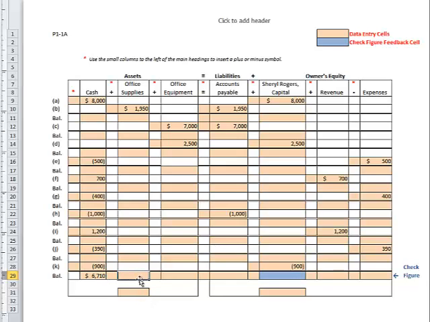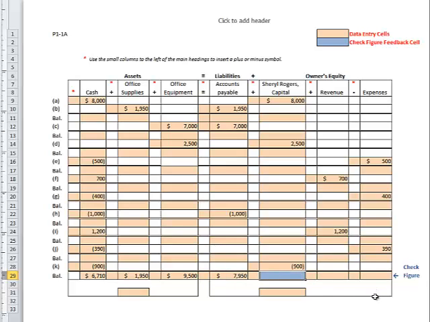Okay, office supplies is easy to add up. It's just $1,950. Office equipment is $9,500. Accounts payable, it increased by $1,950, then increased by $7,000, and then decreased by $1,000. So accounts payable is $7,950.